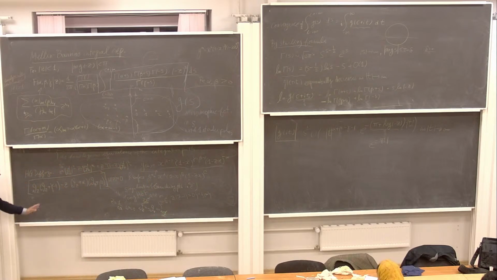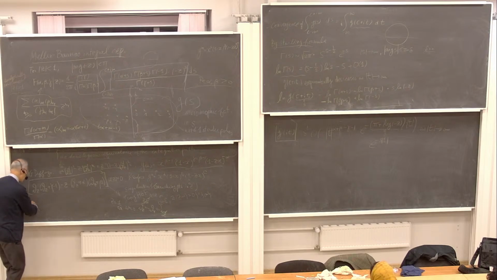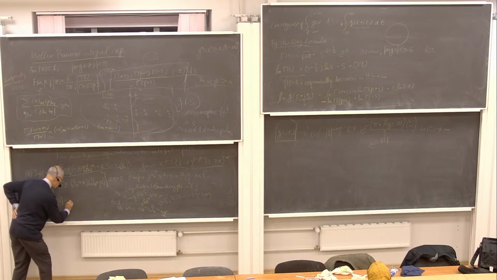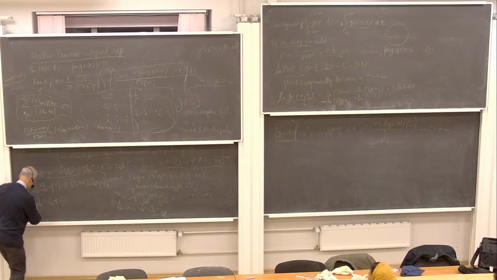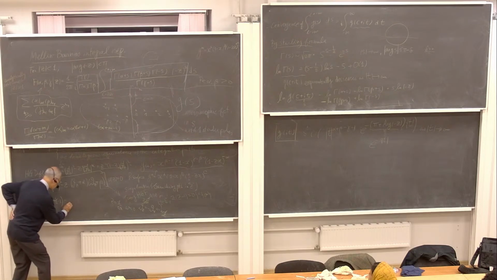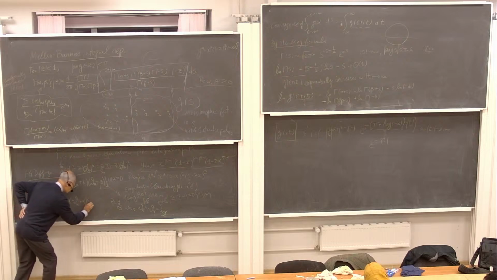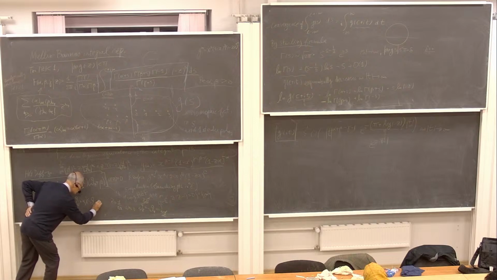In fact, that is a remarkable fact that we use in the toric geometry setting. So this becomes, okay, minus theta w plus alpha, minus theta w plus beta.